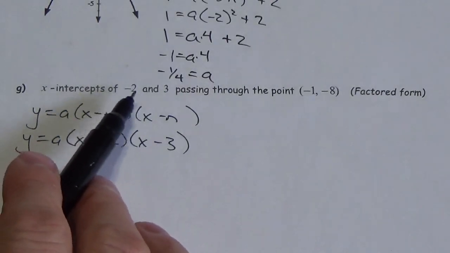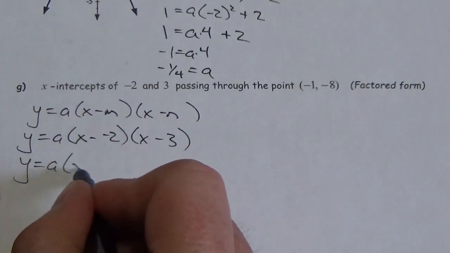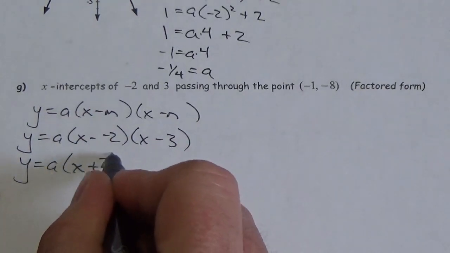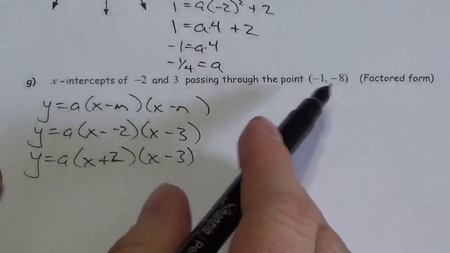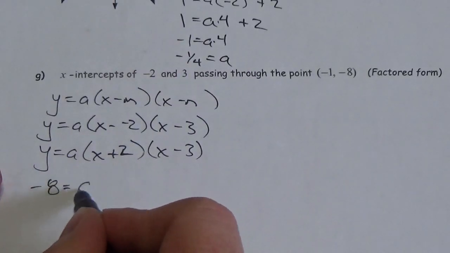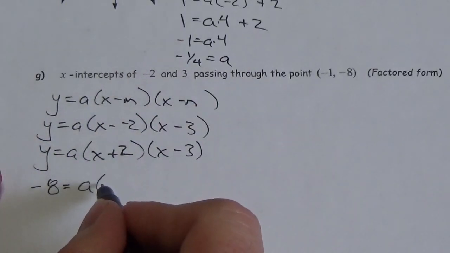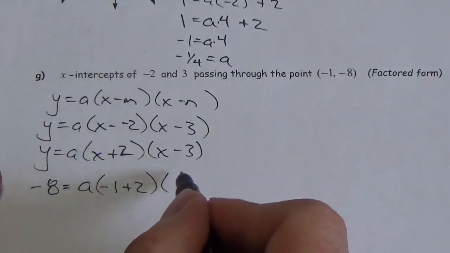So when I see an x-intercept that's negative, I'm subtracting the negative, and so now I'll simplify that, make that x plus 2, x minus 3. And now I'll plug in the point. So the y-coordinate was negative 8. The x-coordinate is negative 1. Remember, that's going to replace both the instances of x that I see here.